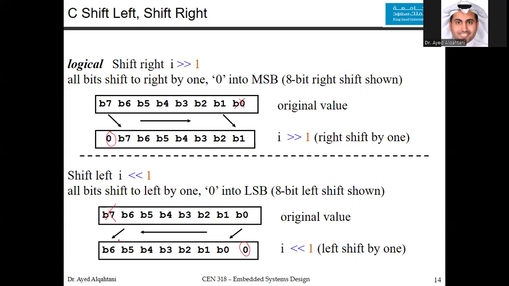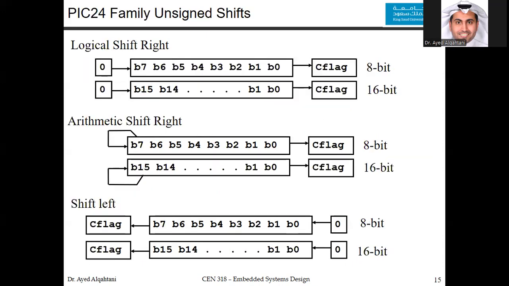Now, notice here on the right, we say it's a logical shift. But on the left, we didn't specify any type. The reason for this is the following. We actually have two different types of shifts. We have the logical shift and we have the arithmetic shift.